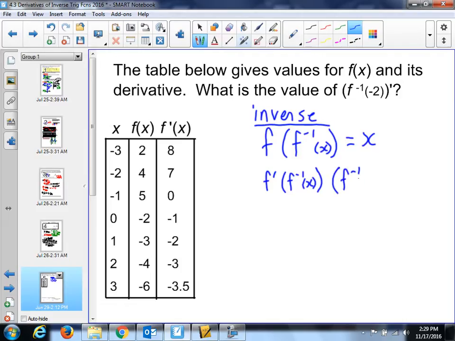F inverse's derivative, I'll notate as such, equals 1. And then it's easy to solve for this: one over the derivative with the inverse plugged inside it.